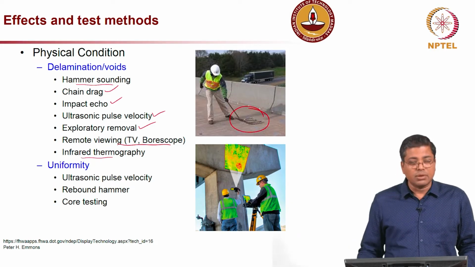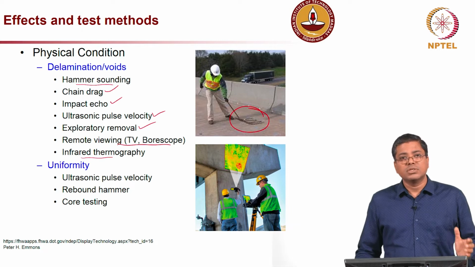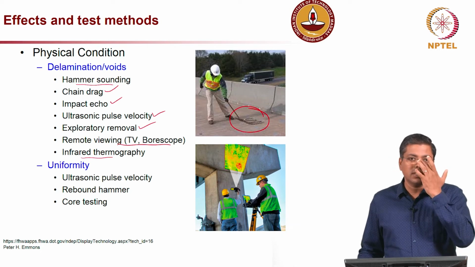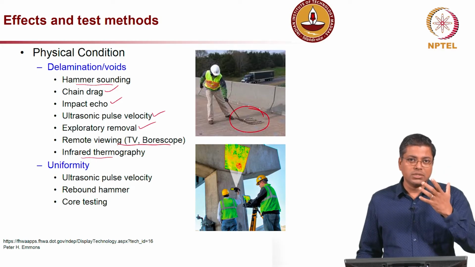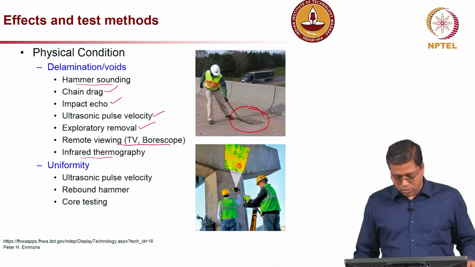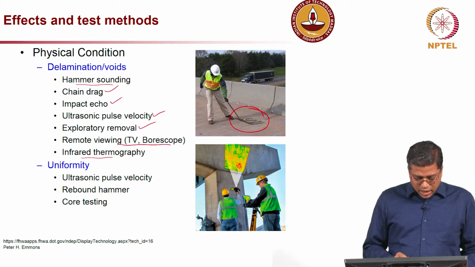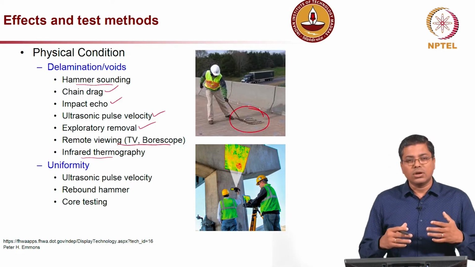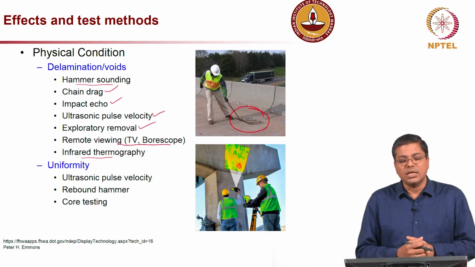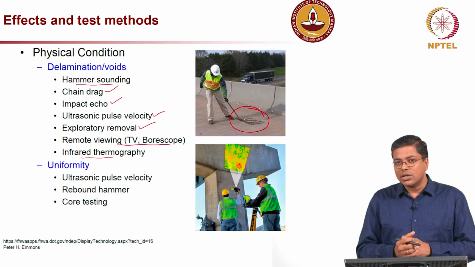And infrared thermography is very useful to see where the moisture is. The idea is to look at the temperature profile on the structure, and then make judgments based on that.